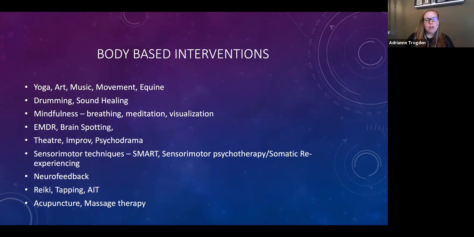So when the trauma is held in the body and it's triggering somebody to want to use a substance, then doing some of these kinds of alternative therapies might just help somebody unlock their recovery and be able to move into recovery in a little bit of a different way.